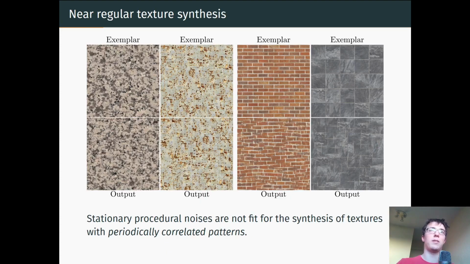The consequence of that is that textures having disorganized patterns here on the left of this figure are well reproduced. However, textures on the right, where patterns have irregular global organizations, are not well reproduced.